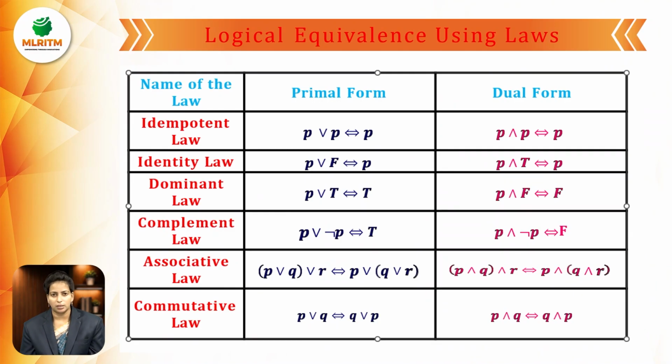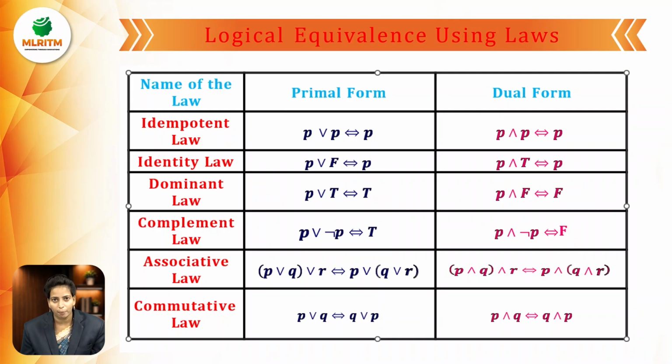So let us consider some laws of logic. The first one is the idempotent law. Each and every law contains two forms, one associated with the OR symbol and another with the AND symbol. The OR form is the primal form and the AND form is the dual form.